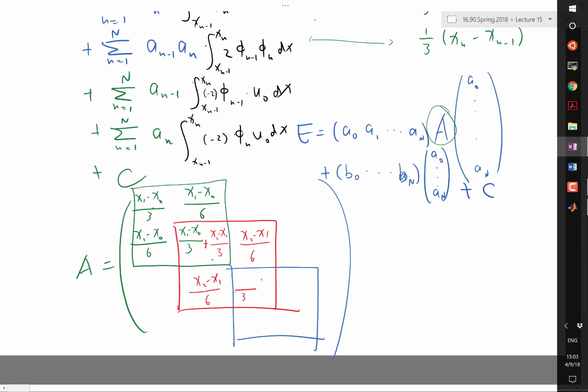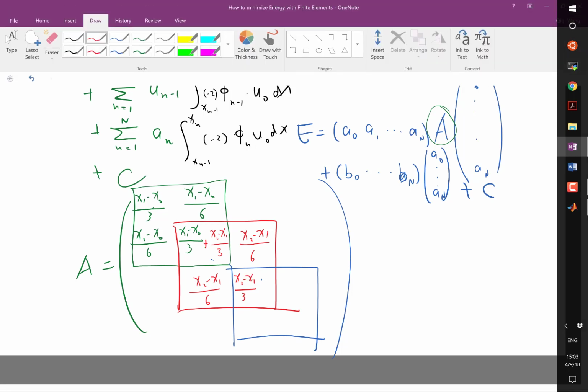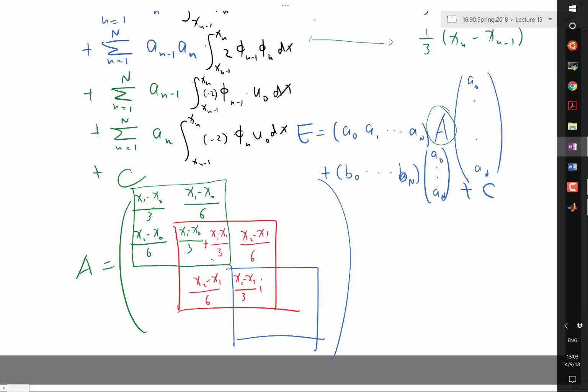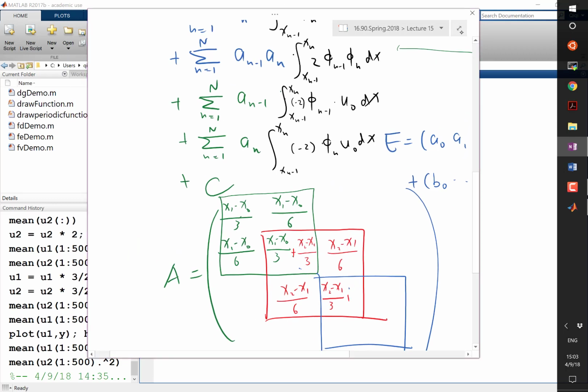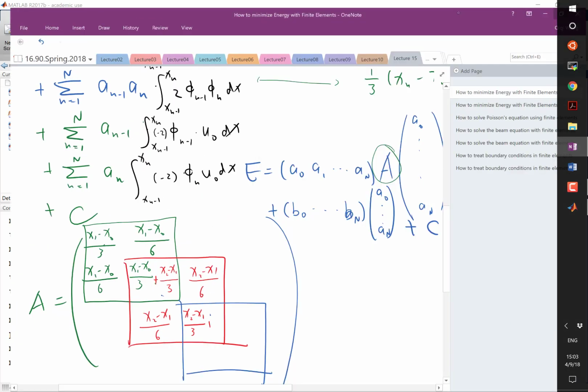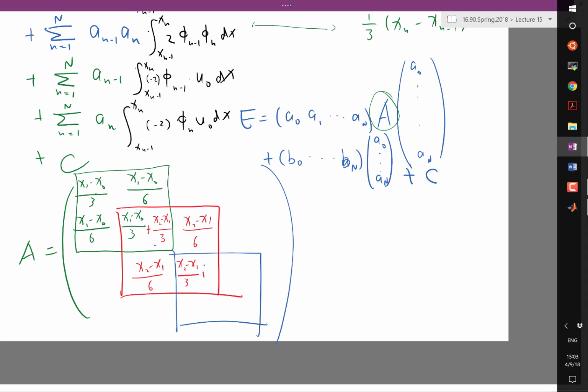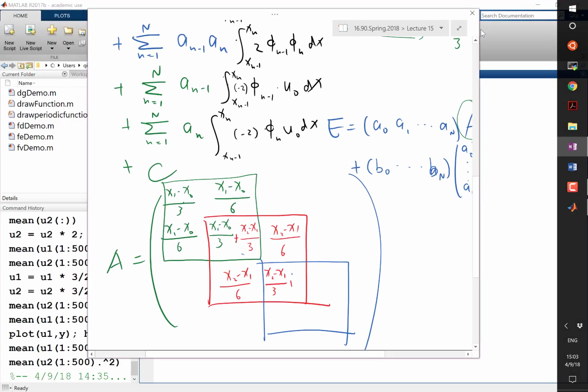And then I have a third of x2 minus x1, and here comes the third element.